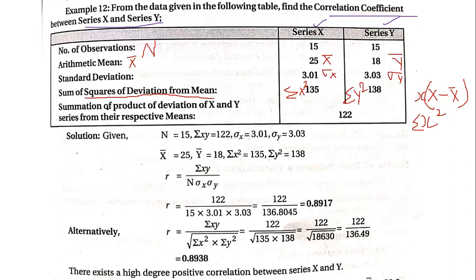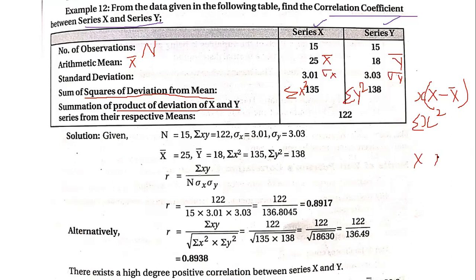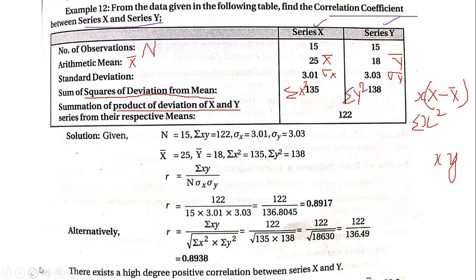So summation x square is 135 and summation y square is 138. Next, summation of product of deviation of x and y series from their respective means. Now the product of deviation of x and y: the deviation of x and y we can consider as small x and small y.